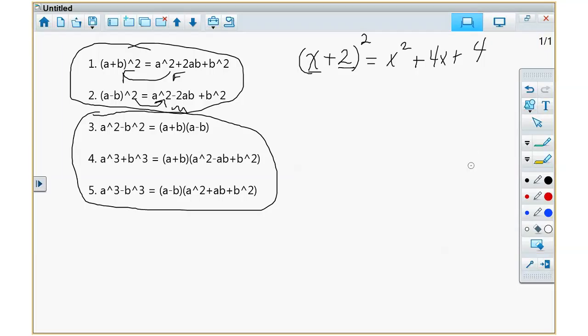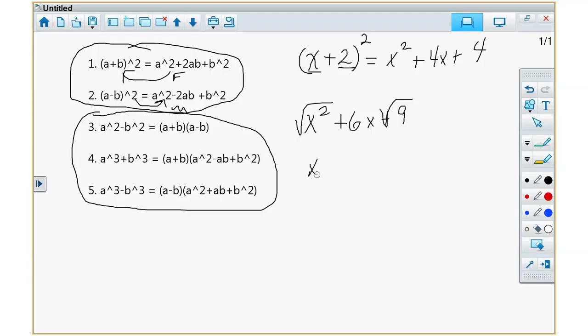And then you can go the opposite way. But if you go the opposite way, you got to test it. Say x squared plus 6x plus 9. It looks like number 1 right here, but you got to test it. Take the square root of the first term, take the square root of the last term, and multiply it by 2 to see if you get the middle term. What's the square root of x squared?